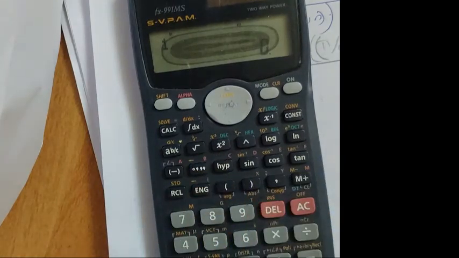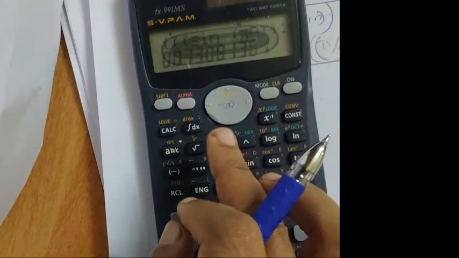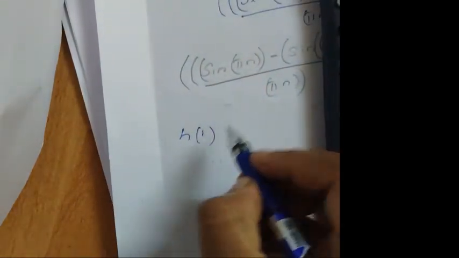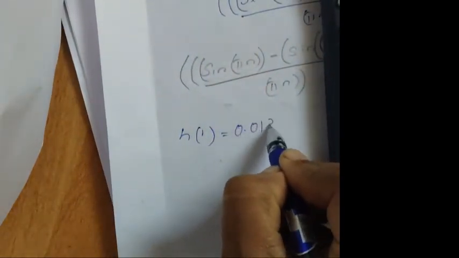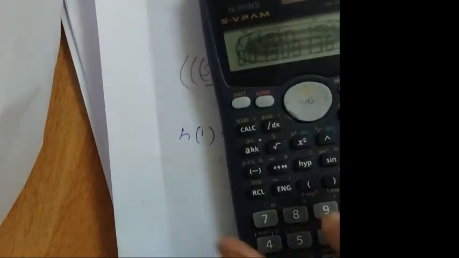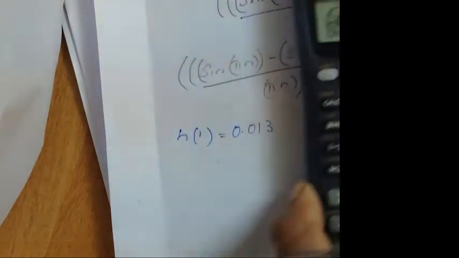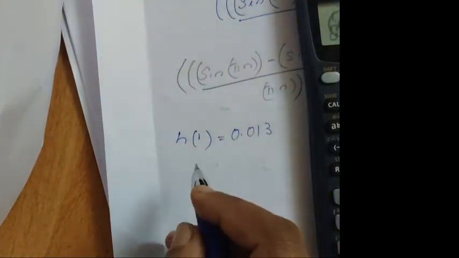If you're giving calc A is equal to 1 and equal, it will show you a value 0.013. That is equal to 0.013. Again, don't press equal or something. Again, you have to press calc. You have to give the value of 2. The value will be 0.